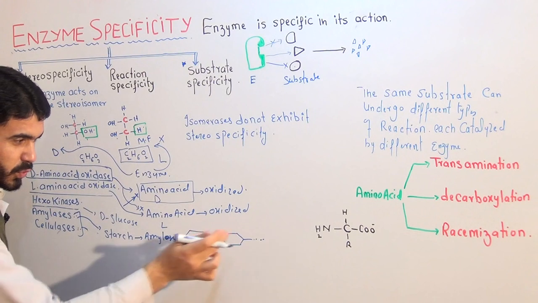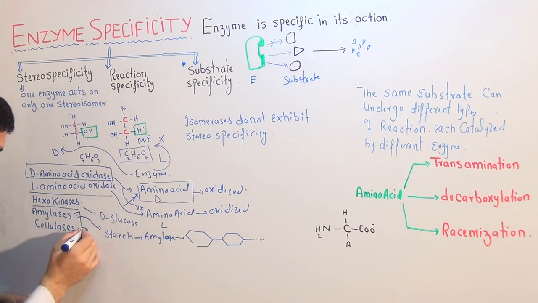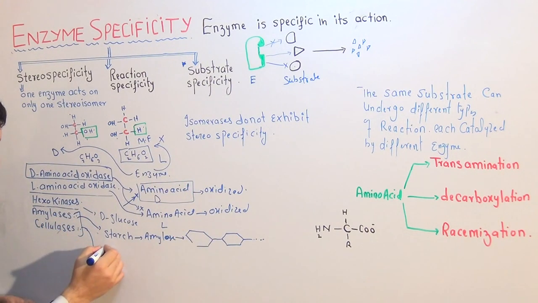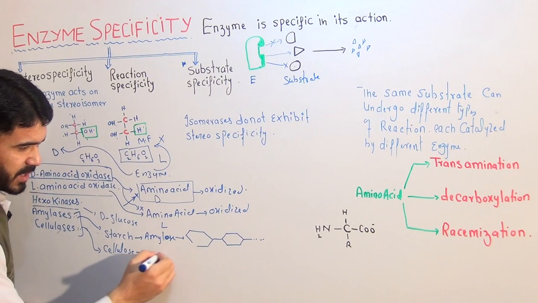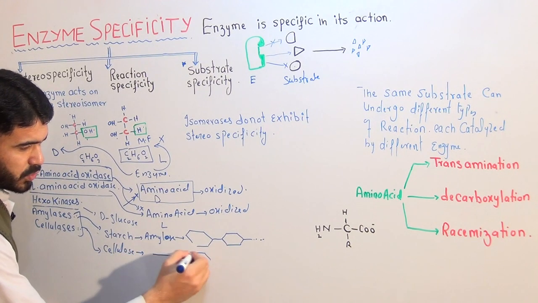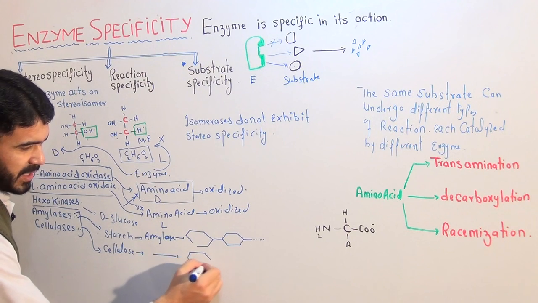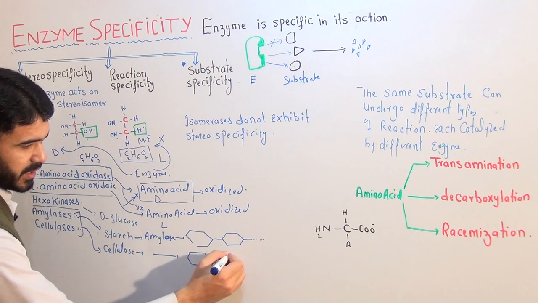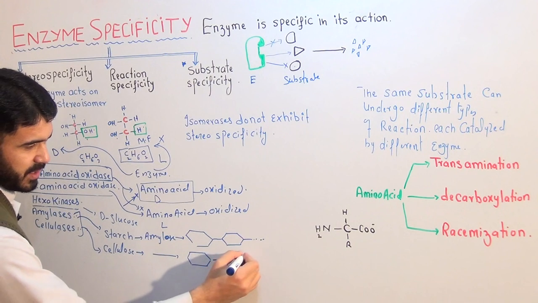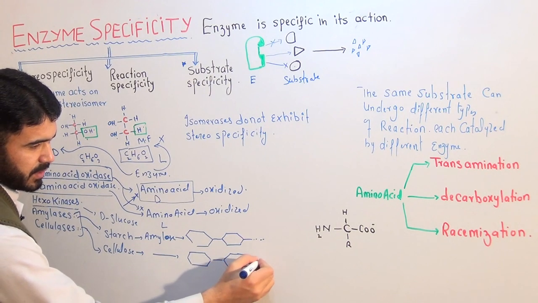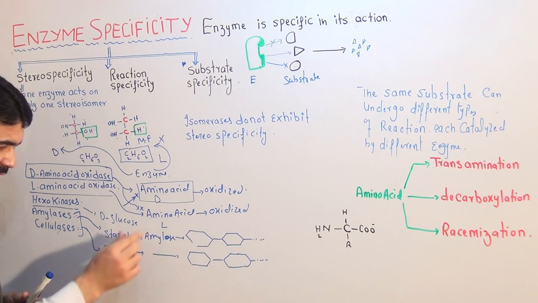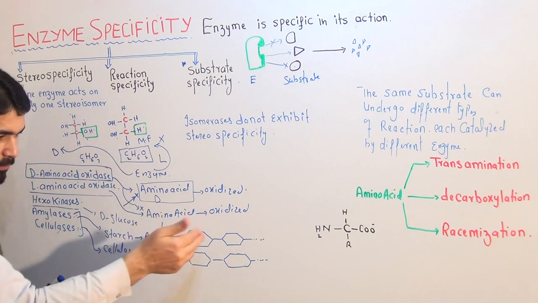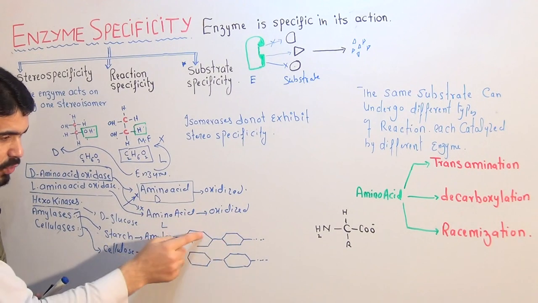Now come to the cellulose. Cellulases act on what? On the cellulose. Cellulose is a substrate. What is cellulose? Cellulose is also made of many glucose units linked together. So it looks like cellulose and starch are very similar from this point of view.